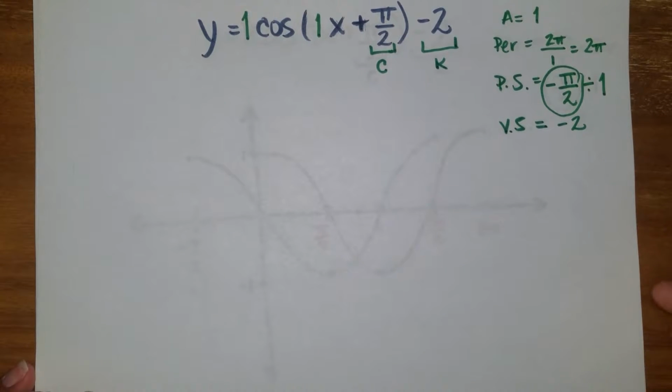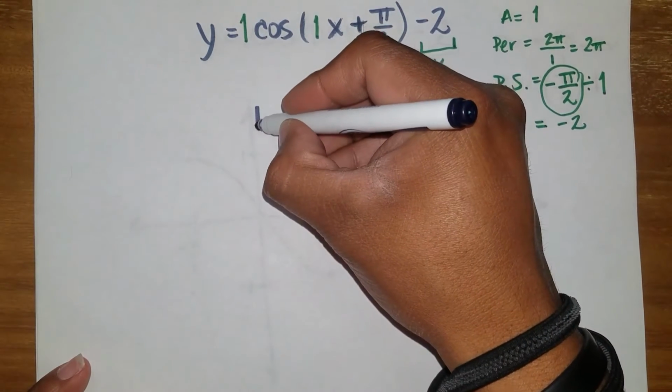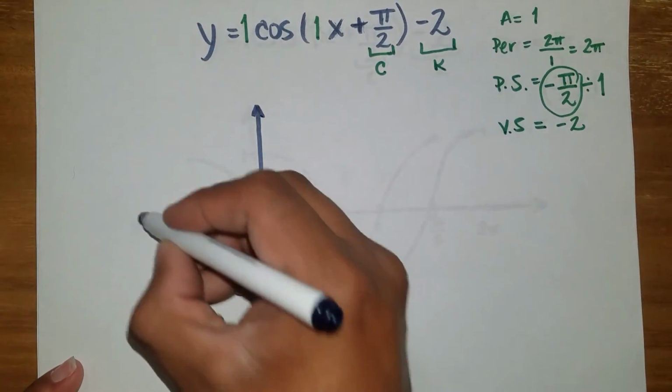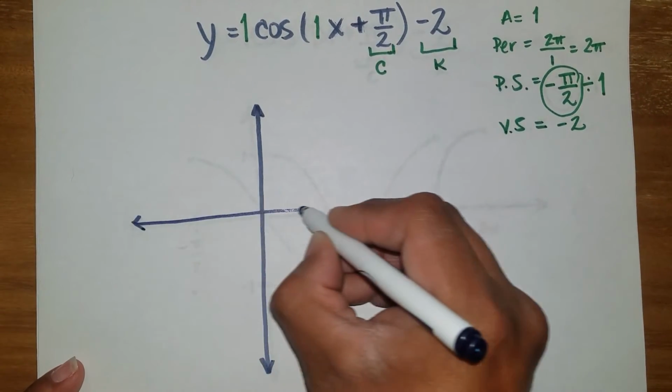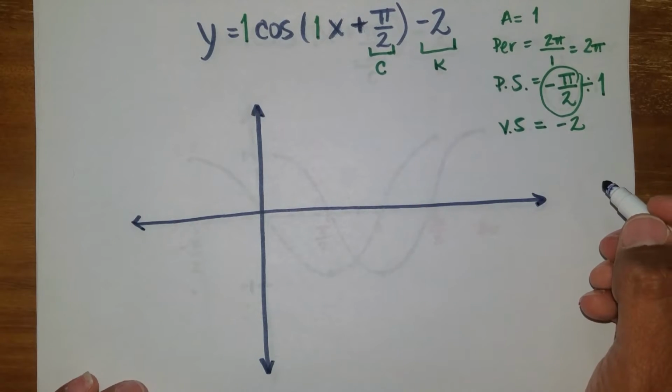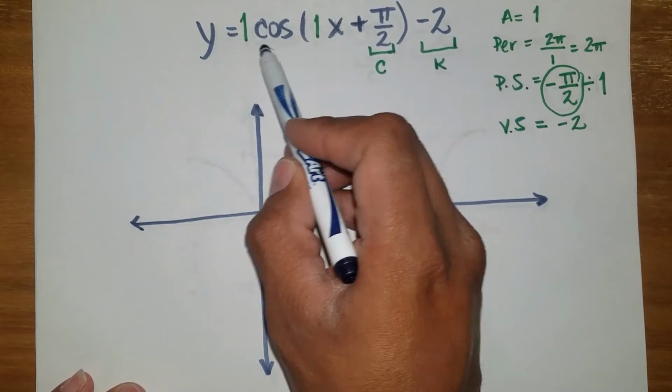Now we're going to sketch the graph. But in order to give you a visual of what's going on with the phase shift and the vertical shift, we're going to first draw the graph of cosine x. Remember that cosine x on the y-axis starts at 1.